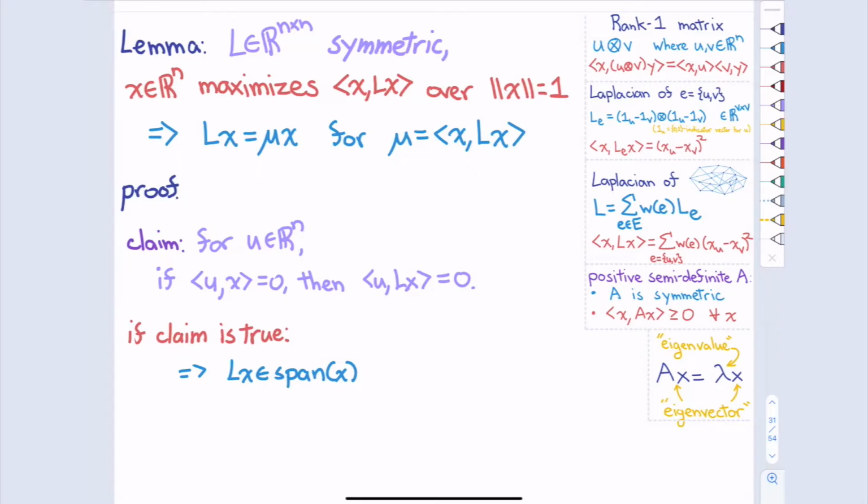Yeah, so that means that Lx must be of the form mu x for some mu. And now, what about the value of mu?